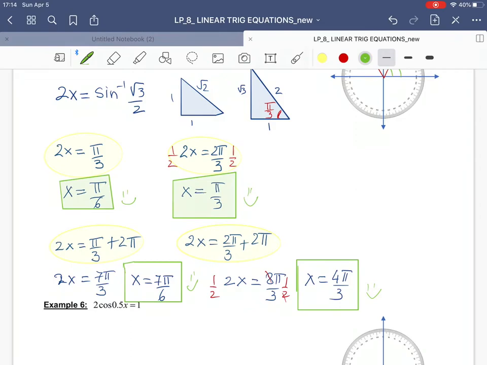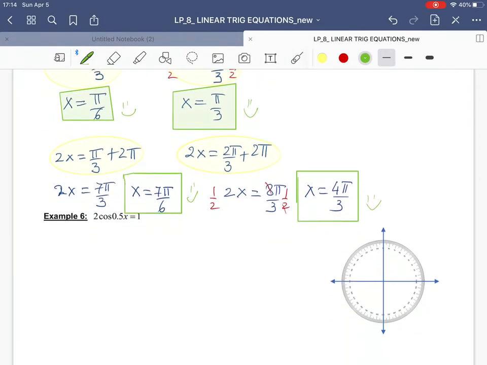Again, I would suggest that you try this example on your own. It's very similar to what we just did, but this time, instead of double angle, we have half an angle. So you may pause the video and try on your own. And again, just to refresh our memory, the domain of our angle x is 0 to 2 pi.